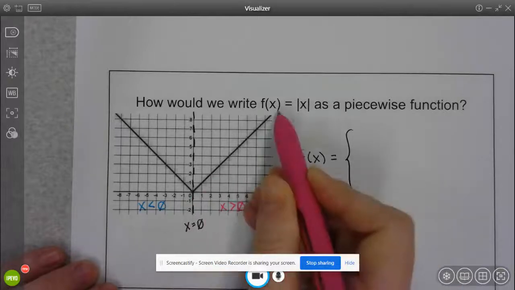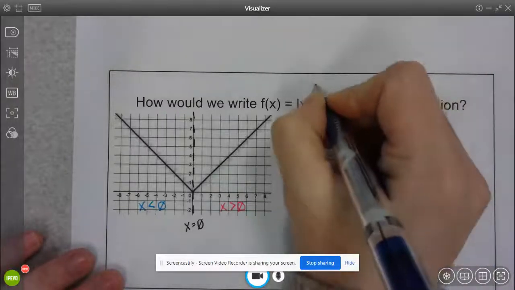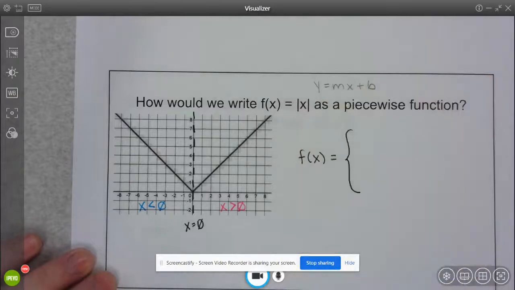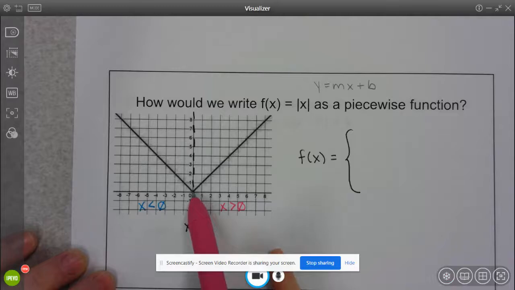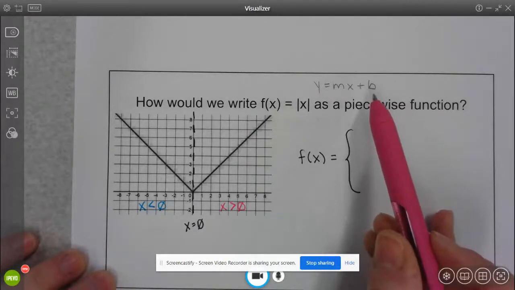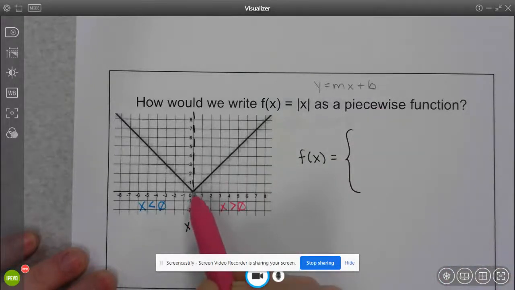So this is a linear function, so I need the slope and the y-intercept, and I'm going to write this in y equals mx plus b form. Well, the nice thing is our y-intercept is 0, so I'm not going to have a b. Well, I am, it's going to be 0, so it's not going to show up in our equation. And our slope is up 1 over 1, up 1 over 1, up 1 over 1. So our m value is 1.